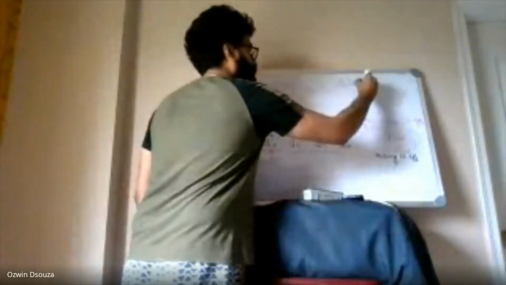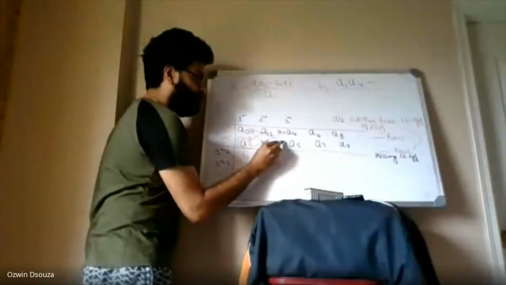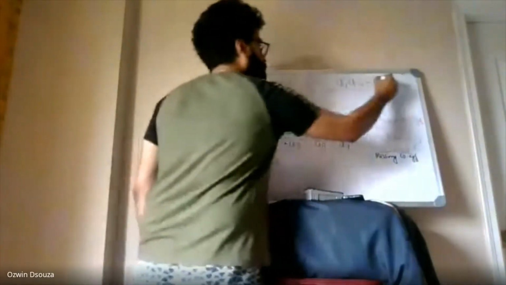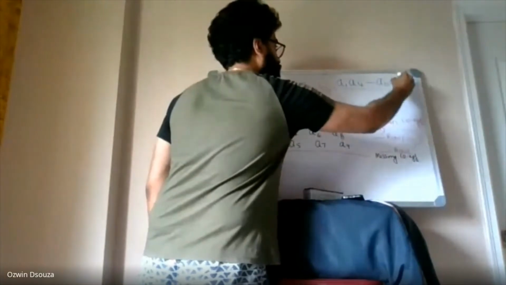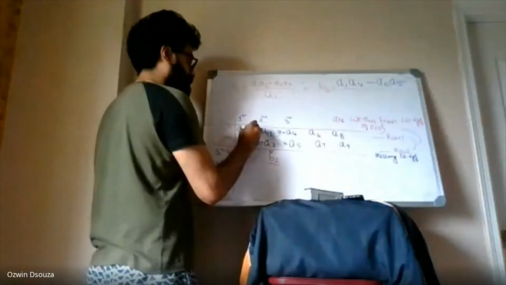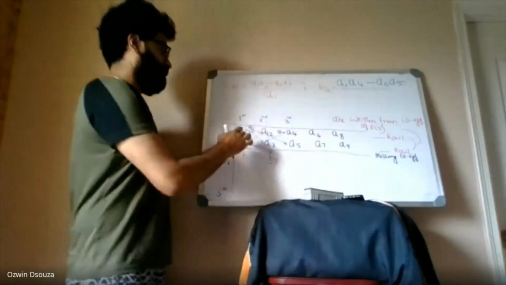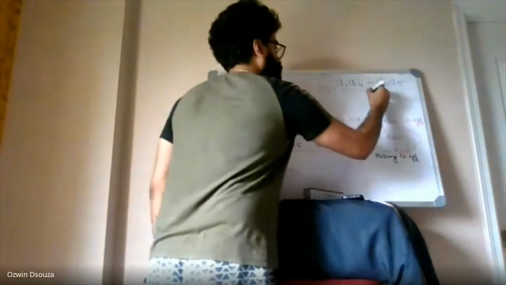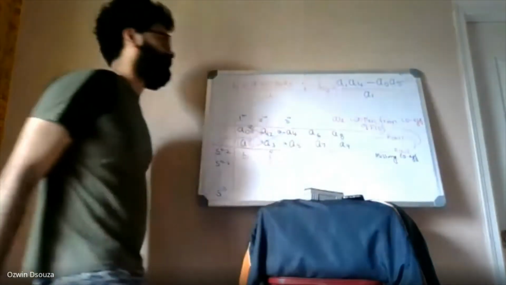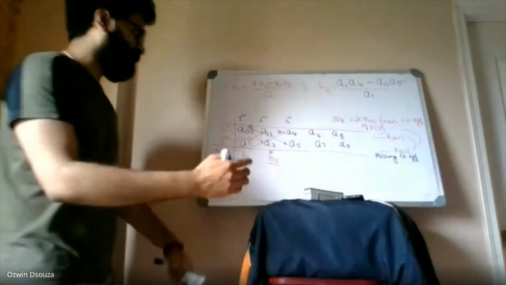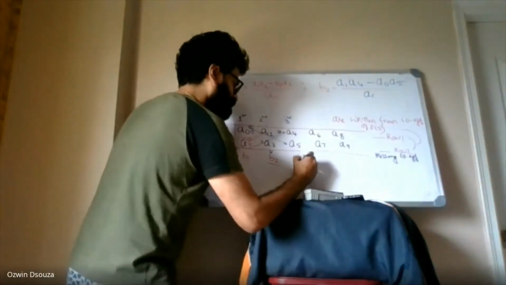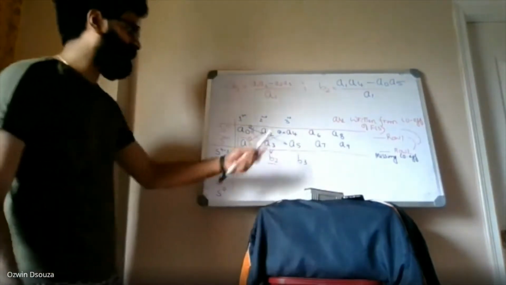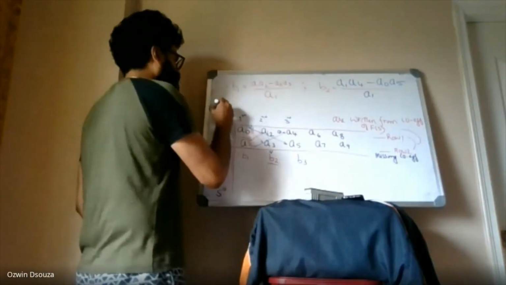So this is A1, A4 minus A0 into A5. This is your second priority. So A1 A4 minus A0 A5 divided by A1. Similarly, if I were to ask you to find out the B3 element, how will you write B3?